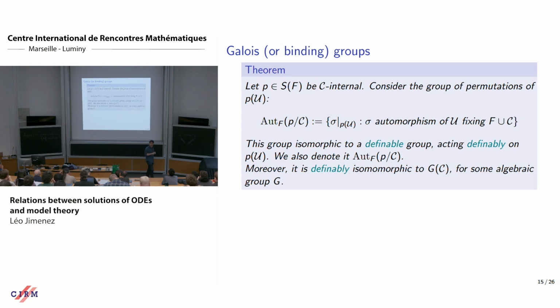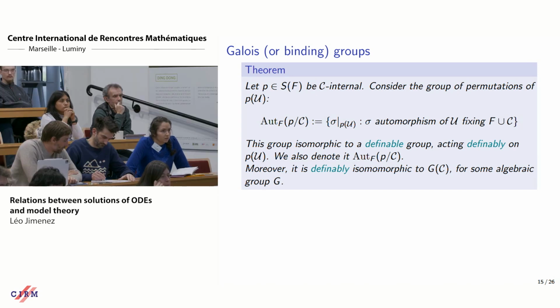And by automorphism, I mean differential field automorphism, right? So it respects the algebraic operations and the derivative. Okay, so the key point here is this group is isomorphic to a definable group acting definably on P of U. And we also call that group Aut_F of P over C.